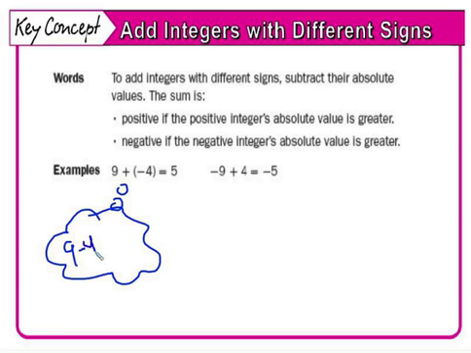I'm doing 9 minus 4 equals 5, but I know that the absolute value of 9 is greater than the absolute value of 4, so I'm going to take the sign of this number, so my answer would be positive. So when I do negative 9 plus 4, same thought process is happening in my brain.